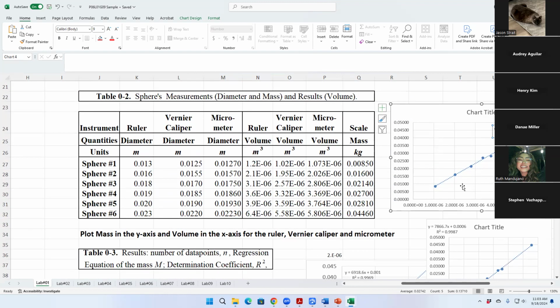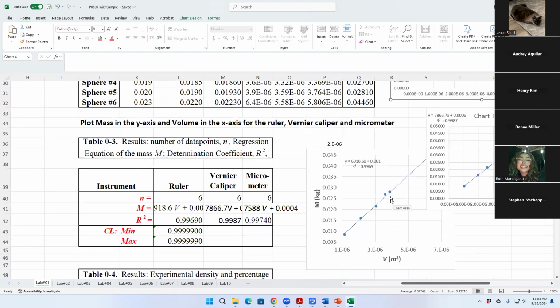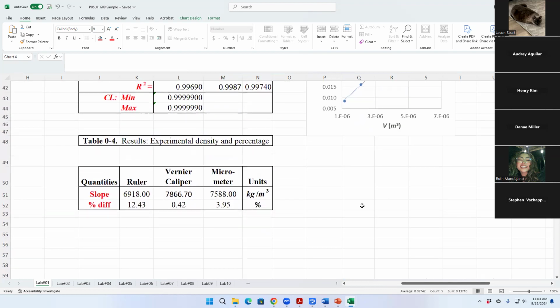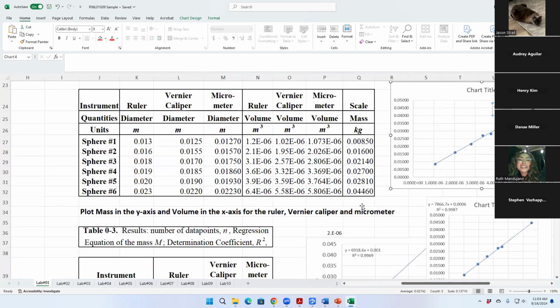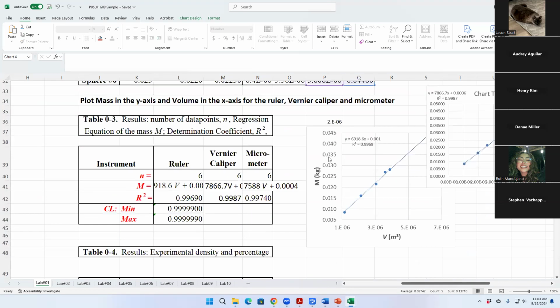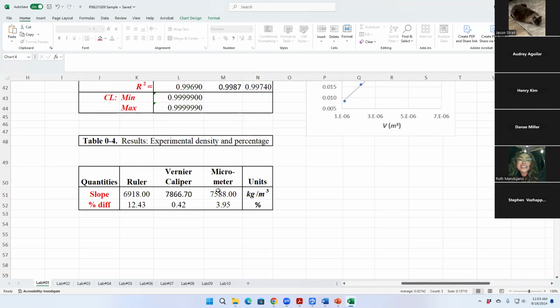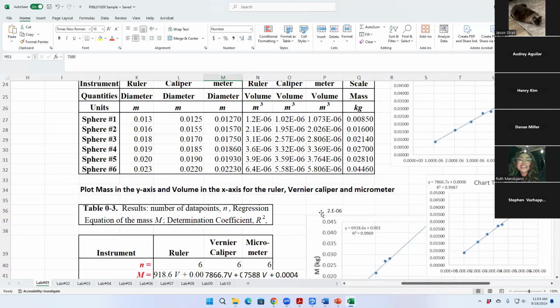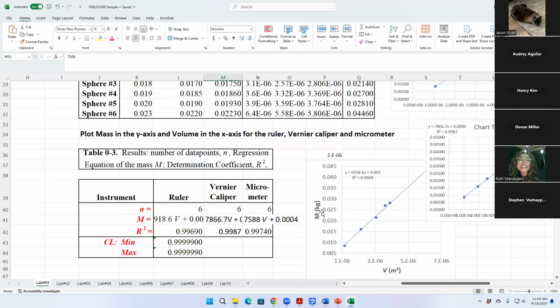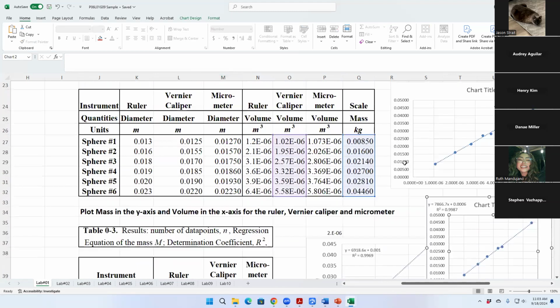And then you get the regression equation, get the slope of the regression equation, and you log, that's for the micrometer, you log right in here, 7888, 7588. This one must be for the vernier caliper, see that?